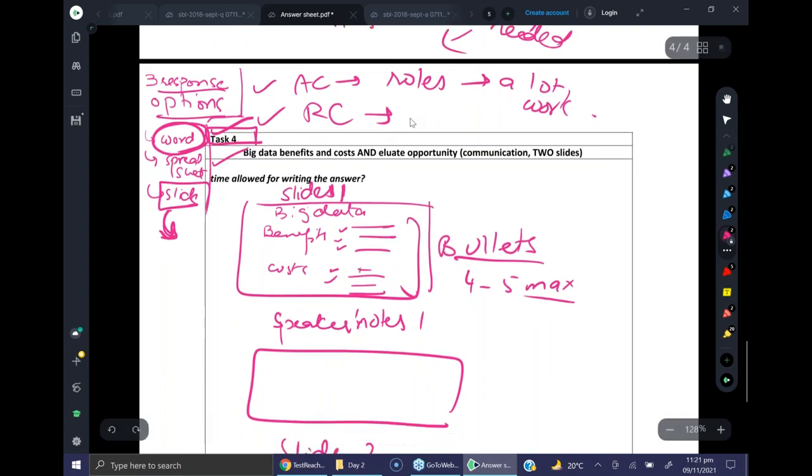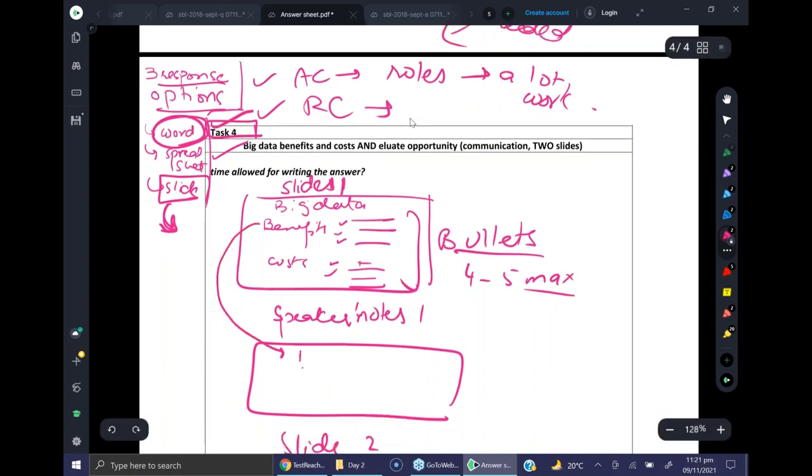Now for each benefit you have mentioned, discuss it in detail in your speaker notes, but not in too much detail, because the speaker notes here have 2 marks in total, and if you have to explain 3 benefits and costs, you might run out of time. So try to be quick and to the point. Here you explain slide 1 content in the speaker notes.